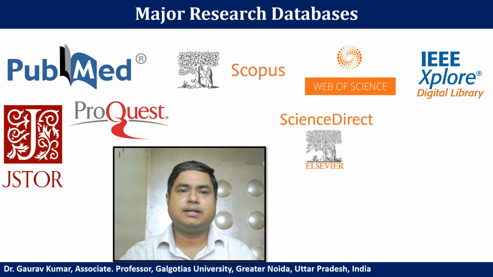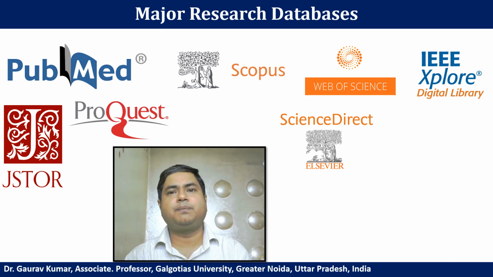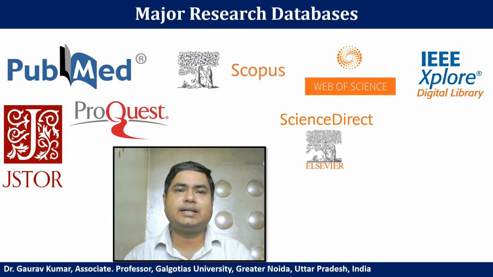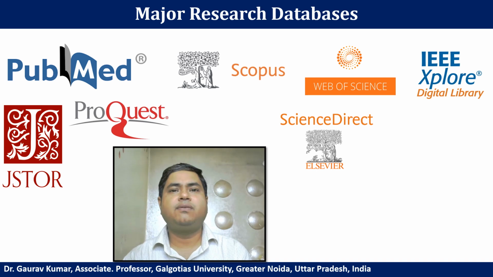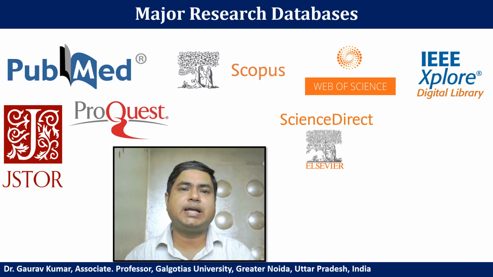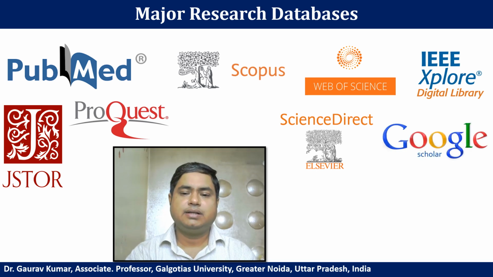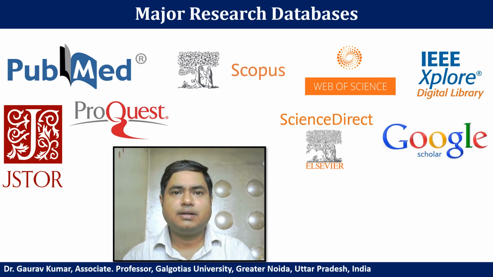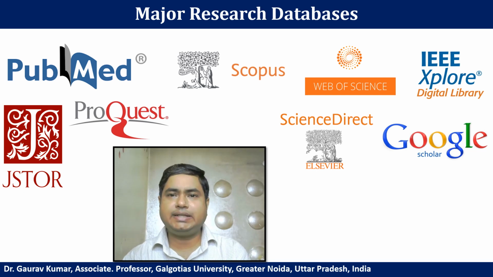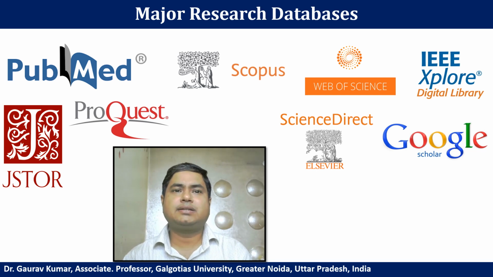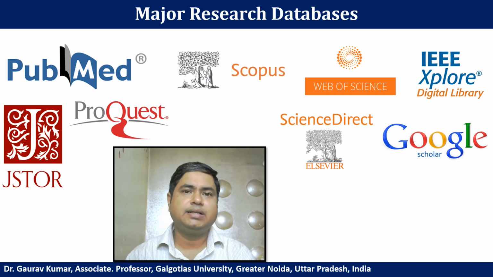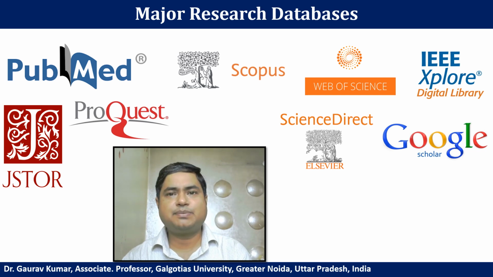ScienceDirect. ScienceDirect is an extensive collection of scientific and technical research articles across various disciplines, particularly in the field of science and engineering. Google Scholar. Google Scholar is a freely accessible search engine that indexes scholarly articles, theses, books, and conference papers across all academic fields.